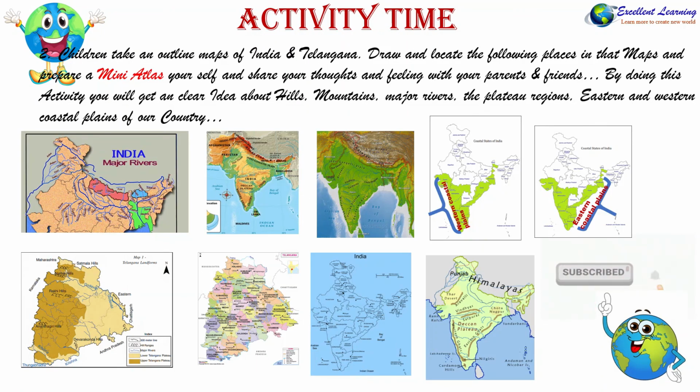Children, here is another activity for you. Take an outline map of India and Telangana. Now draw and locate the following places in those maps and prepare a mini atlas yourself and share your thoughts and feelings with your parents and friends.